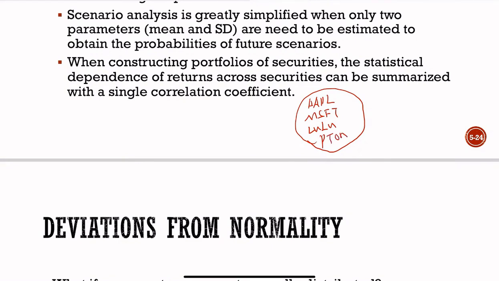If you want to correctly understand your portfolio's risk and returns, then at the basic level, you have to understand how these four different stocks are related. Now, if these four stocks' returns satisfy normal distribution, then you will only need correlation to understand these different stocks' relationship. So again, this really simplifies your life.